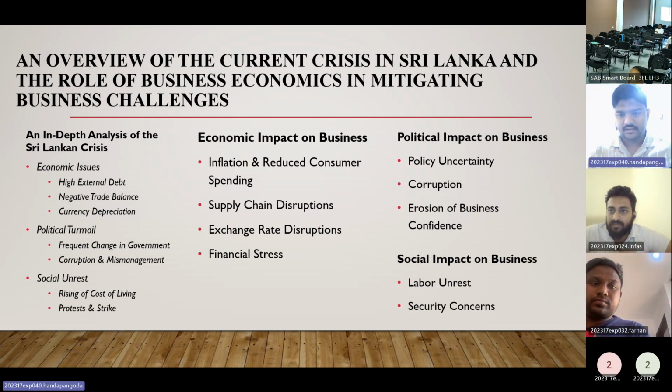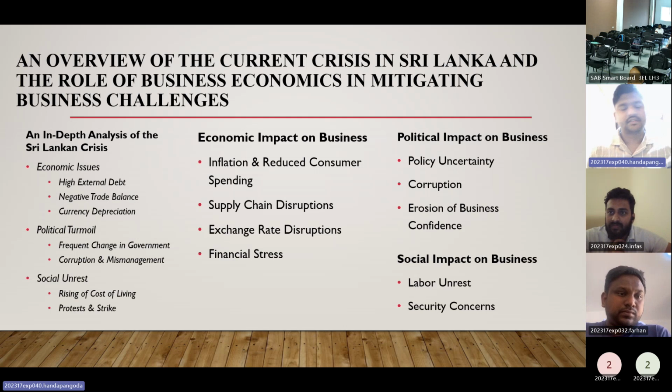In the current crisis in Sri Lanka, it's not only an issue with economic factors. There are a few other factors as well: we have economic issues, political issues, and social issues.